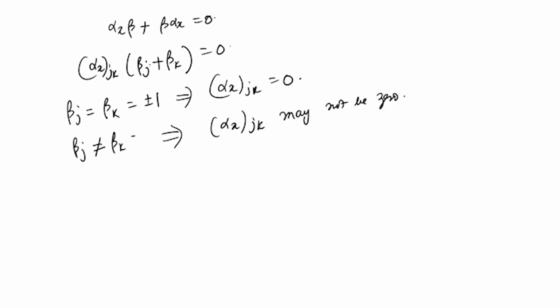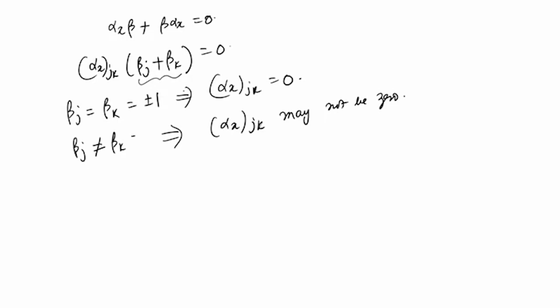So, once again I will just go over it. If beta j and beta k both are same, either both plus 1 or both minus 1, in that case necessarily alpha x jk will have to be equal to 0, and if they are not equal, that is, one is plus 1 and one is minus 1, then that could be 0, then alpha x may not be equal to 0.